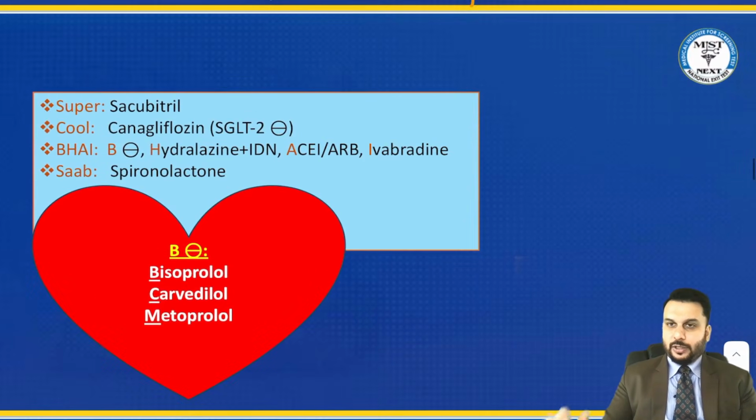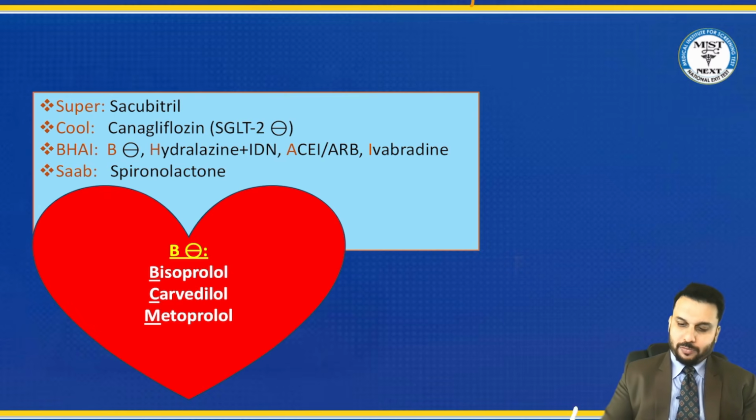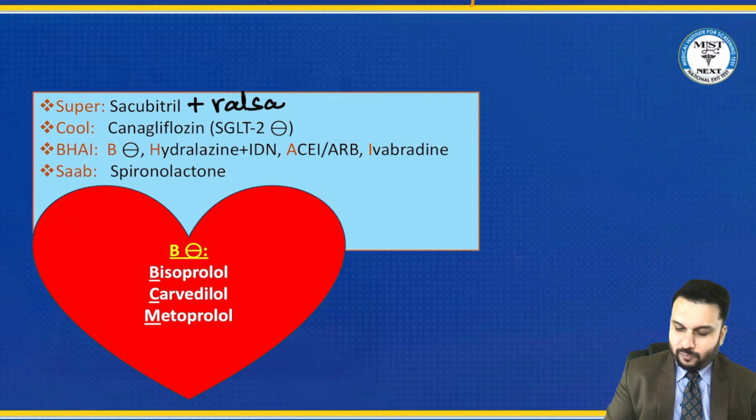You know this mnemonic I teach you guys? Super cool, bhai sahab. That means this is a cool thing that these drugs reduce mortality, which you have to keep in mind. And from this, you must remember, if you combine something called sacubitril plus a drug called valsartan, this fixed combination is given a title called ARNI.